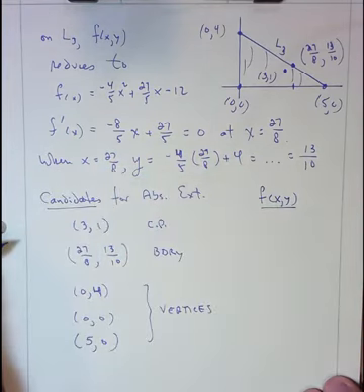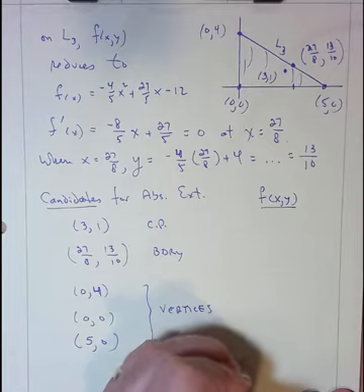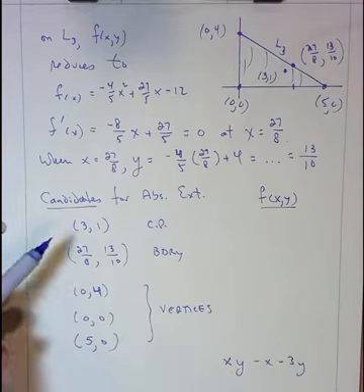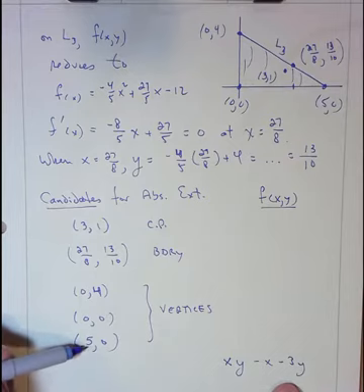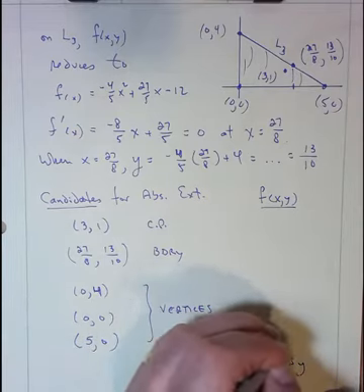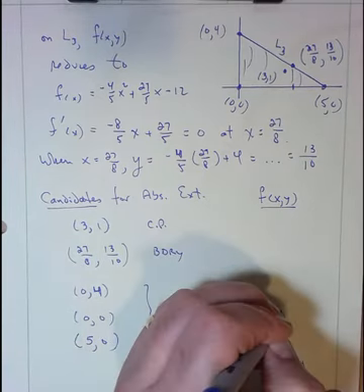So over here, I'll add a little extra column to my table. Remember that the function itself was xy minus x minus 3y. That was the function. So let's do this the easy way. Here, x is 5, y is 0. So the first and third term become 0. This is negative 5, the value of the function. At the point 0, 0, this whole function is just 0.